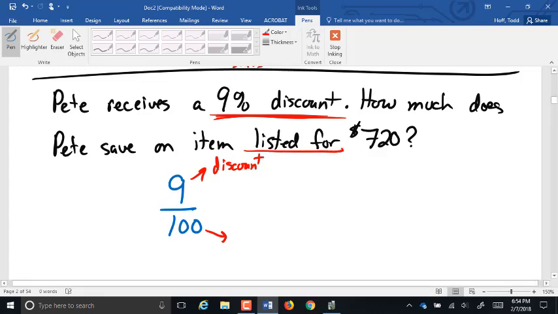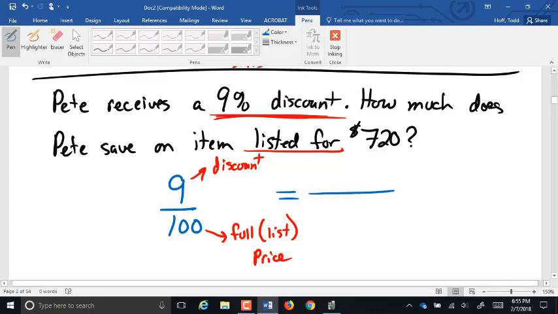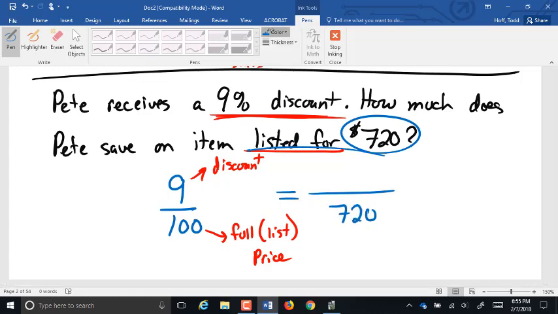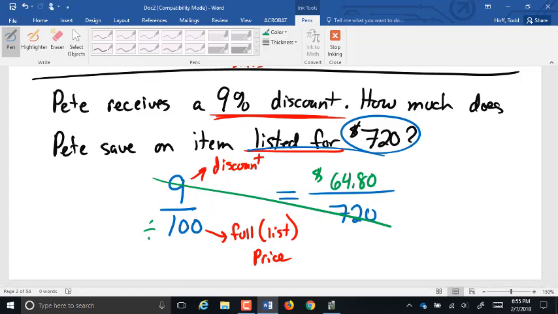In this case, that full price is the list price. So on the other side, where does the 720 go? That's the list price. It goes on bottom. And so we will do 9 times 720 divided by 100, which is what, $64.80? So $64.80 is the amount of the discount, the amount saved.